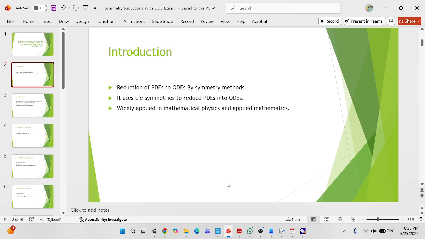We will use a generator and find invariants of the generator, and use them to reduce the PDE into ODEs. In fact, they are Lie symmetries, so we use Lie symmetries to reduce PDEs into ODEs. This technique is widely used in mathematical physics and applied mathematics.